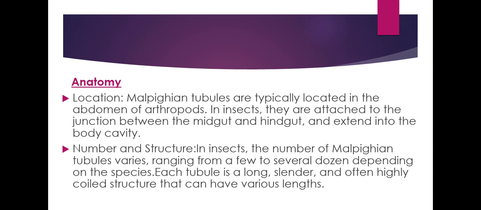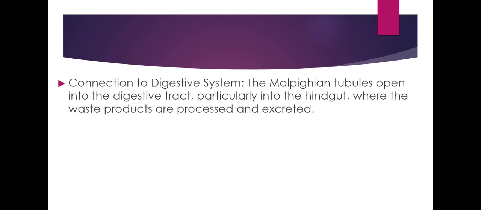In insects, the number of Malpighian tubules varies, ranging from a few to several dozen depending on the species. Each tubule is a long, slender, and often highly coiled structure that can have various lengths. Connection to the digestive system: Malpighian tubules open into the digestive tract, particularly into the hindgut, where the waste products are processed and excreted.